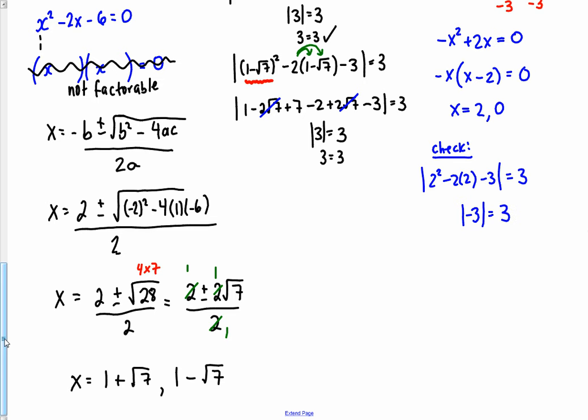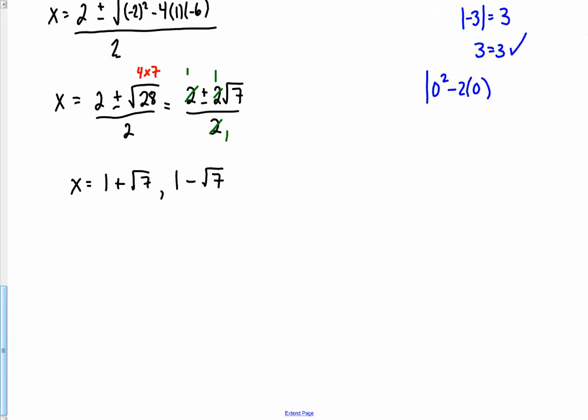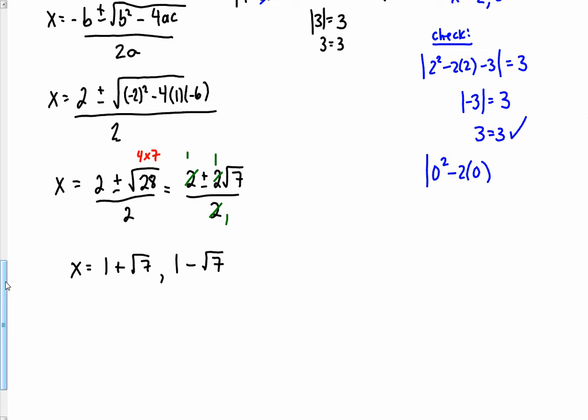Does it? Yes. Woohoo! Okay, check with the 0. 0 squared minus 2 times 0 minus 3 equals 3. Is that true? Yes. So how many solutions does this one have?